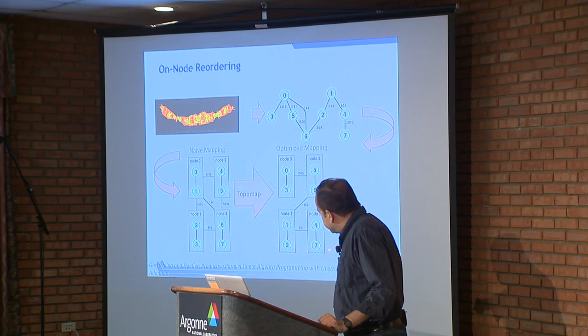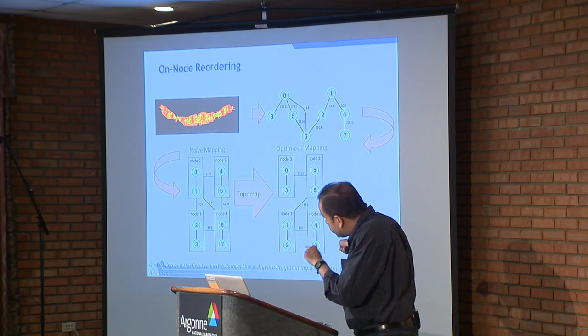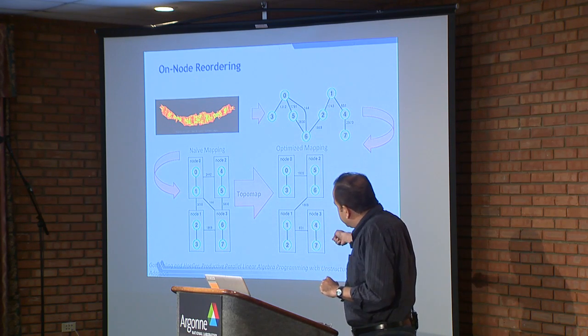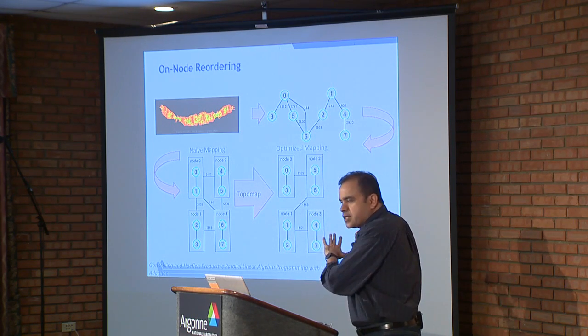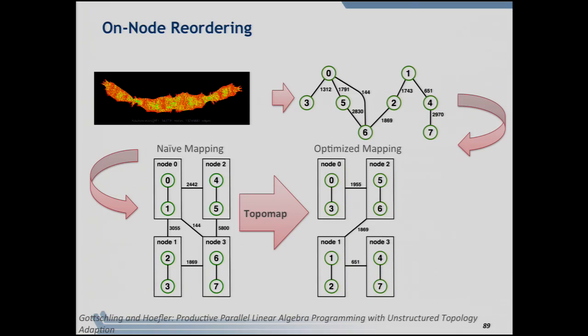You can call it whatever you want, because it's just an output variable, in which the same processes have different ranks. So what was rank 0 in COMM WORLD is still rank 0 in the new one. Its rank didn't change. But what was 1 in COMM WORLD is now 3 in the new one. And similarly, what was 2 in COMM WORLD has a rank of 1 in the new communicator, and so forth.